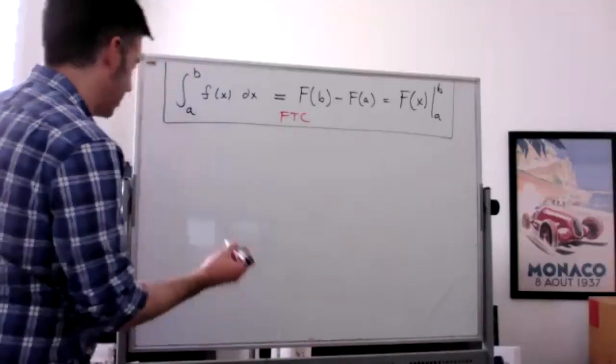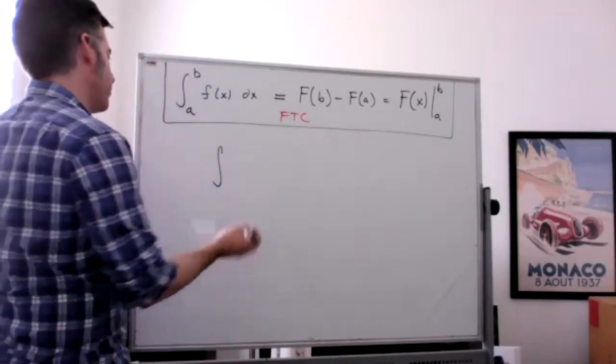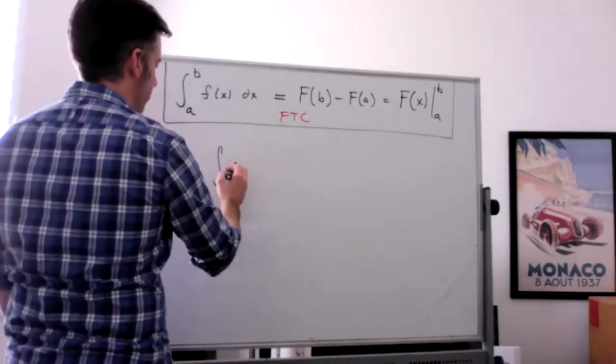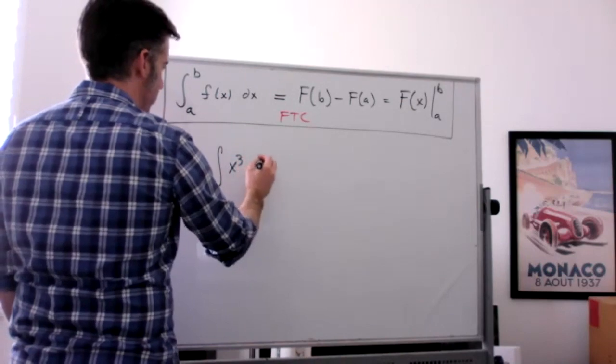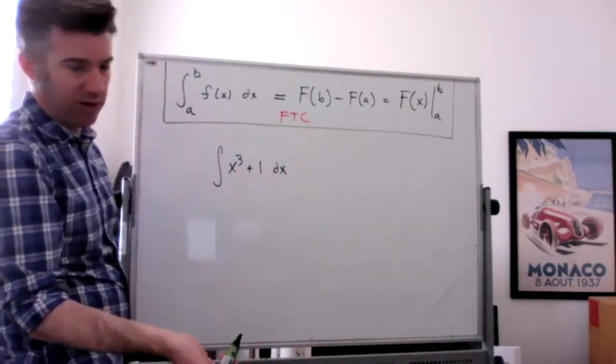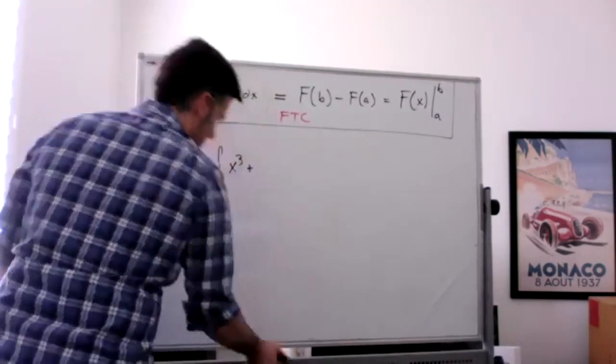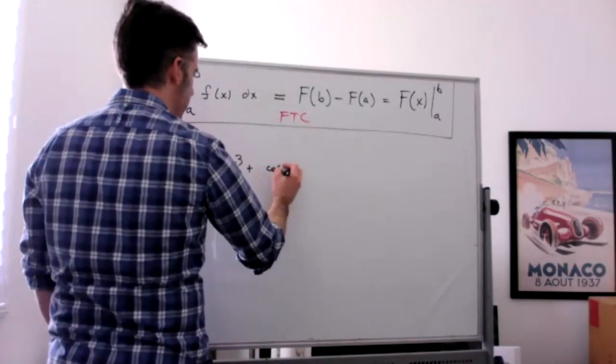Right. So if you take, say, the antiderivative of x cubed plus 1 dx, for example, it's kind of boring. Let's make it a little more interesting. Let's make it x cubed plus cosine of x.